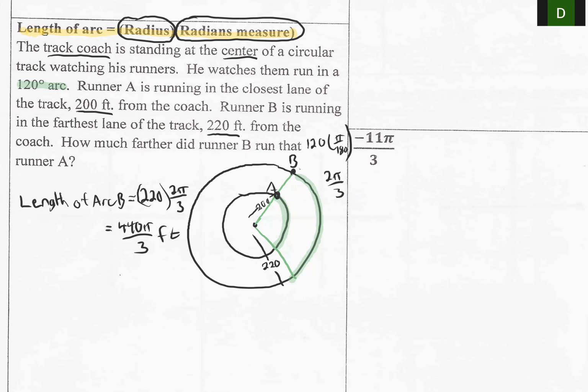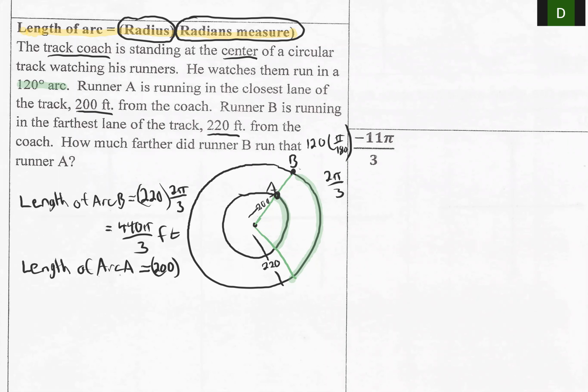So now I'm going to find the length that runner A is running for 120 degrees, 1/3 of the circle. So length of arc A, meaning it goes with runner A, is going to be 200, which is now the new radius of the small circle.